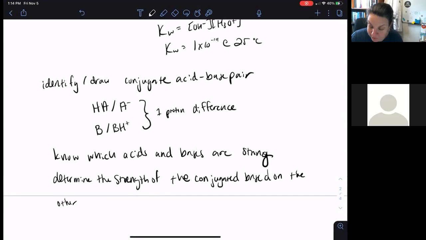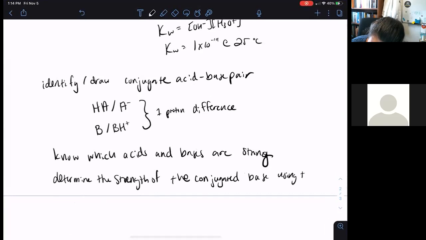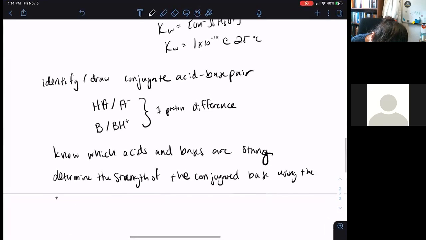Specifically, the conjugate base using the strength of the acid, and vice versa.